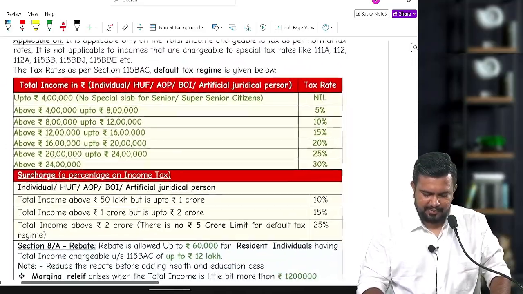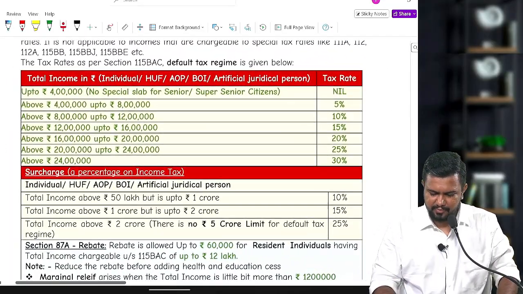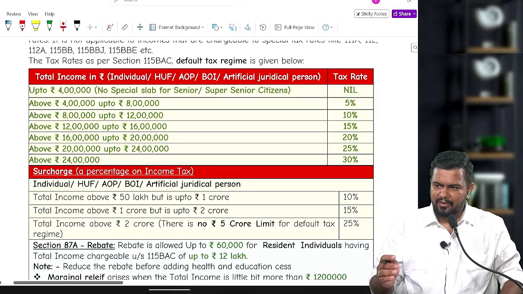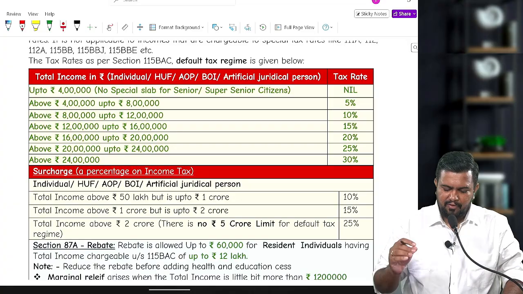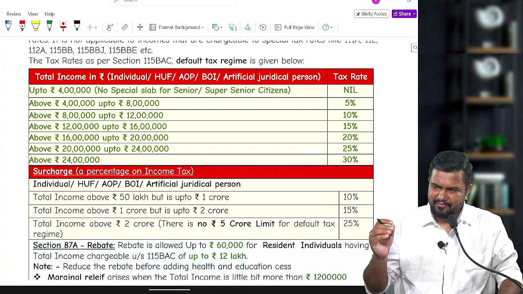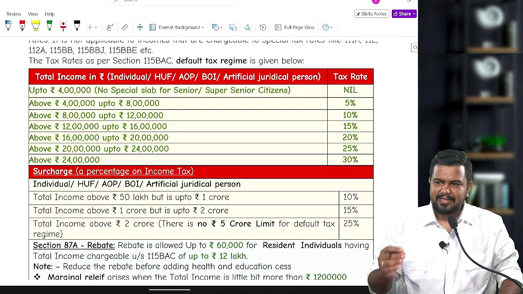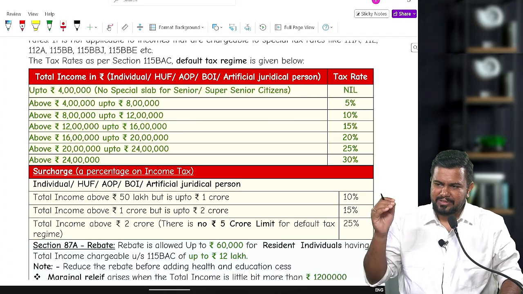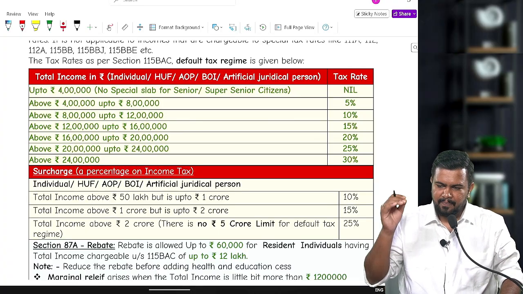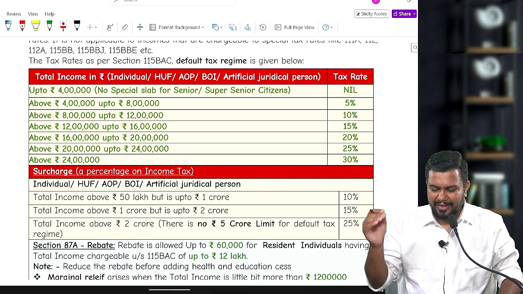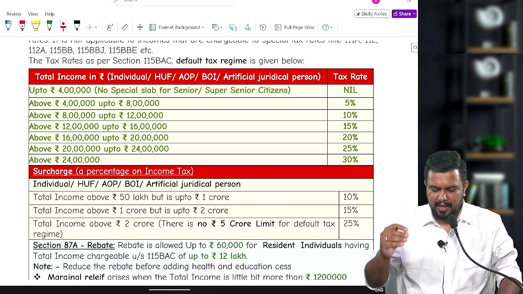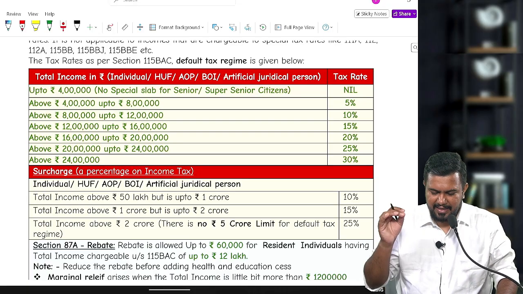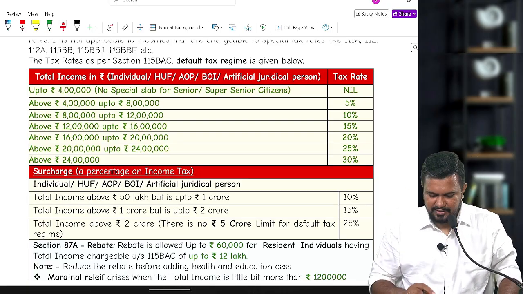One time I want you all to say along with me the tax rates of 115 BAC. Up to 4 lakh rupees nil, above 4 lakh up to 8 lakh 5 percent, above 8 lakhs up to 12 lakhs 10 percent, above 12 lakhs up to 16 lakhs 15 percent, above 16 lakhs up to 20 lakhs 20 percent, above 20 lakhs up to 24 lakhs 25 percent, and above 24 lakhs 30 percent tax.